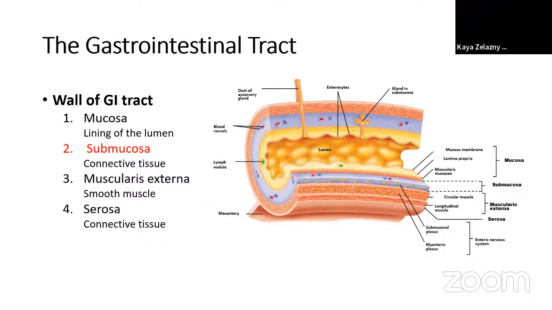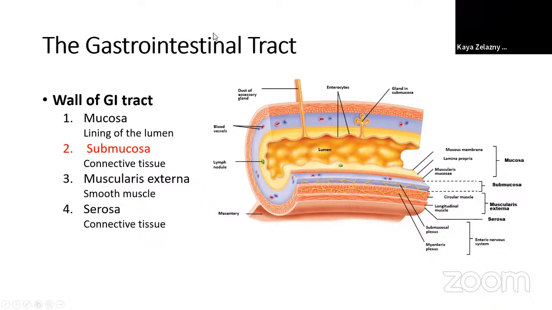We have a lining that's directly in contact with the lumen. We're going to have interspersed layers of different types of muscle and connective tissue. And we're also going to have multiple plexuses of nerves embedded in parts of these walls so that you can control the activity of the gut.